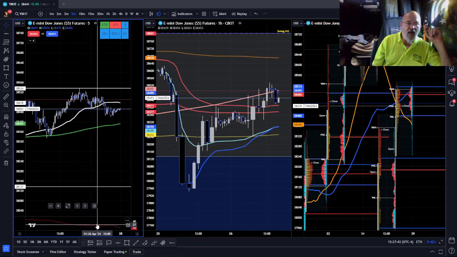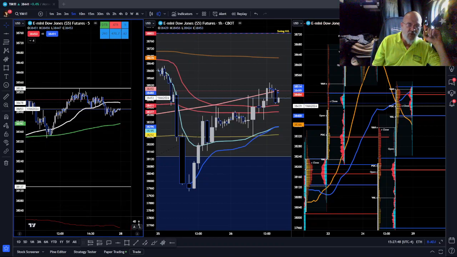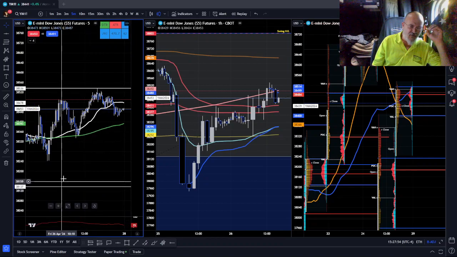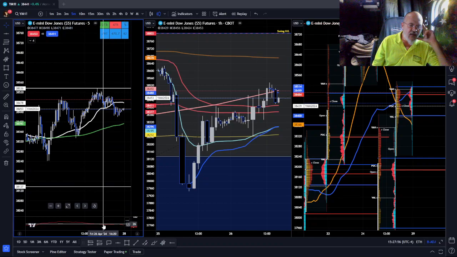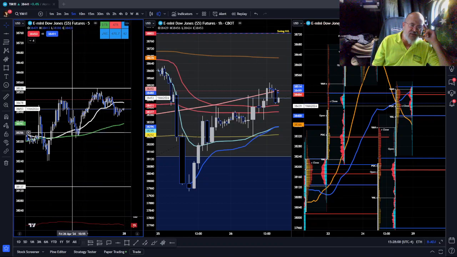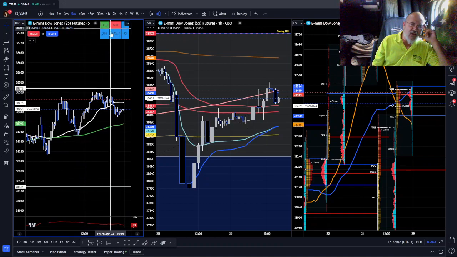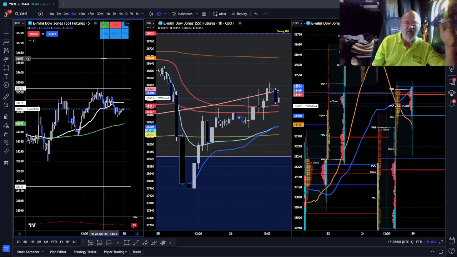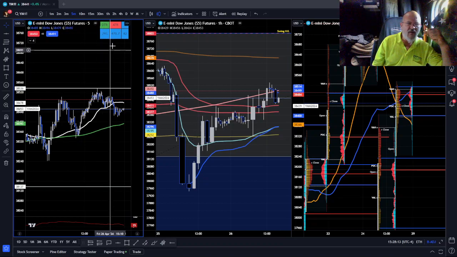I also have ATR, which tells me the average range of the candles, not the average range of the asset on any given day. This tells me the candle range. I also have ATR that's based on the daily movement, average true range of the daily movement of the Dow.